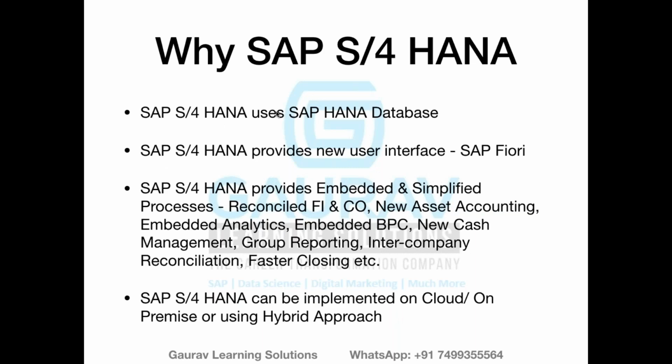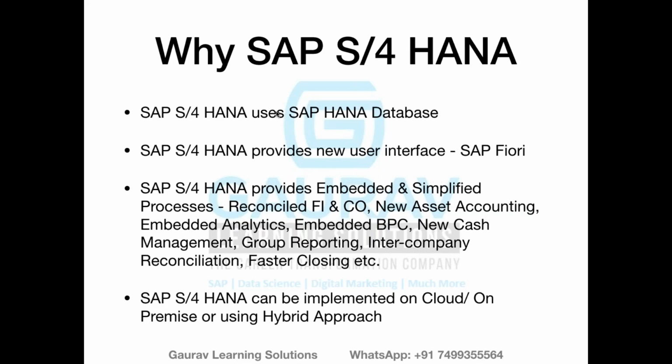Sure. Okay. If you want to answer this question, why should a customer go for SAP S/4HANA? Number one, it uses the HANA database, which uses in-memory computing and column-based data storage. It allows you to improve performance, both reporting and transaction level performance. It also provides a new user interface in the form of Fiori.